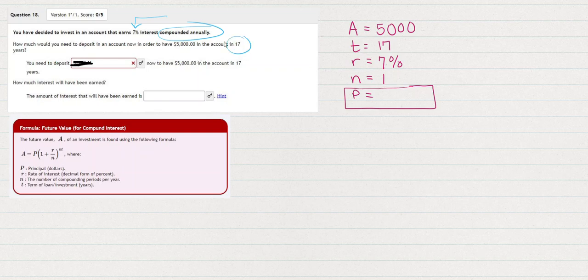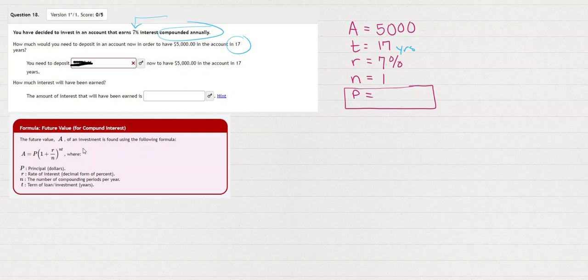So with the 17 years and the 7%, when we're not told otherwise, that interest rate is an annual rate. But always watch out that if it's a daily, quarterly, or monthly rate, your time is matching that. But we have an annual rate and a time in years, so we're okay.